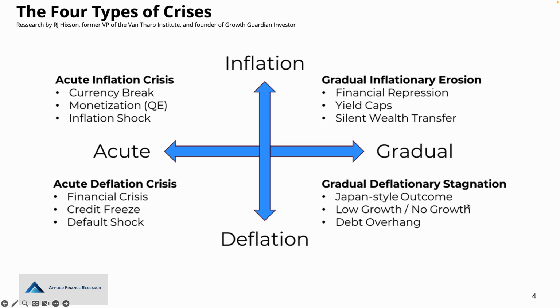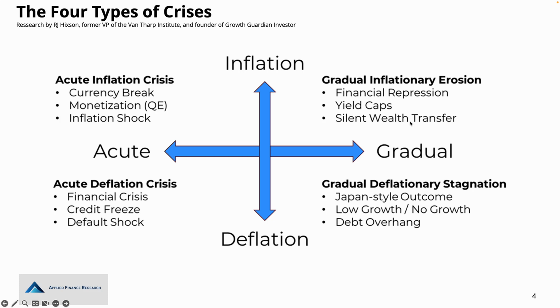Now, in the upper right, we have a gradual inflation crisis. We could use the US as an example, the 15 years from 1965 to 1980. In 1965, inflation was around 2%. Then by 1980, it hit around 13%.